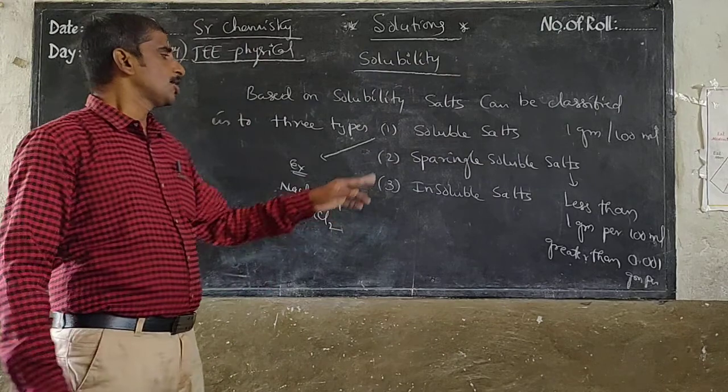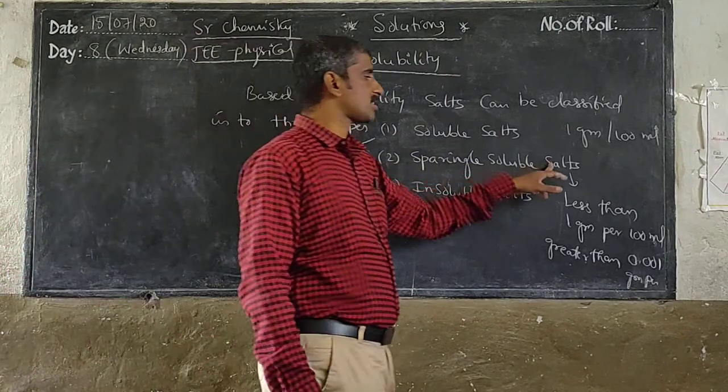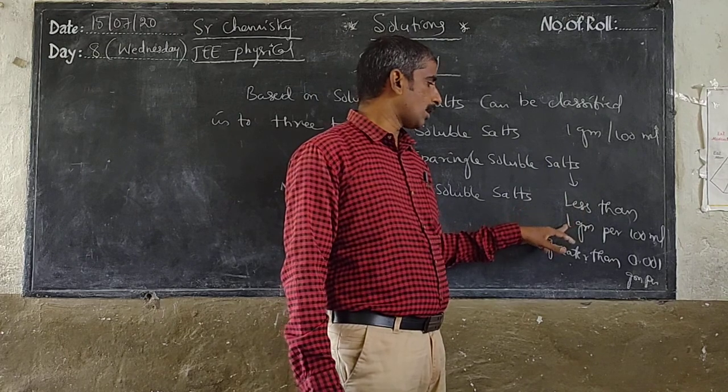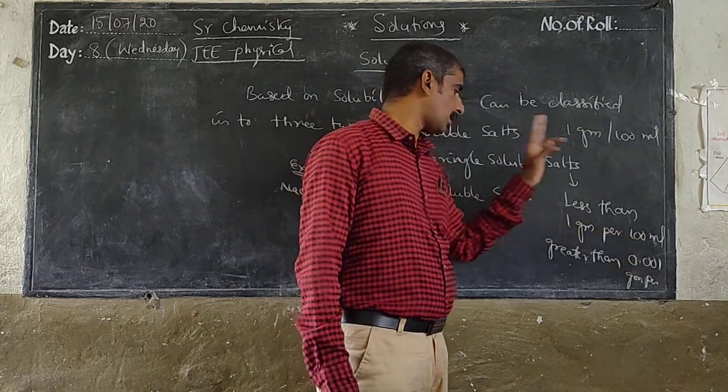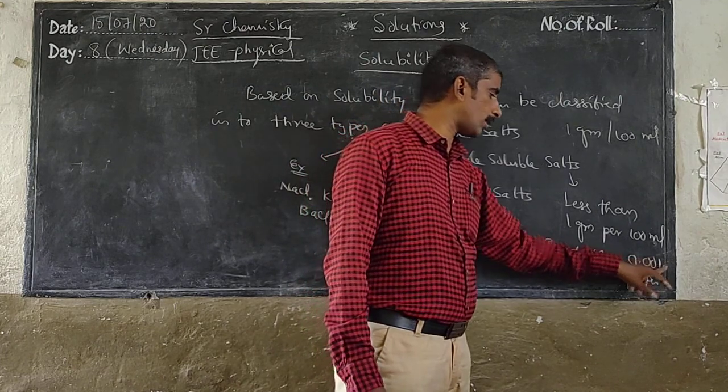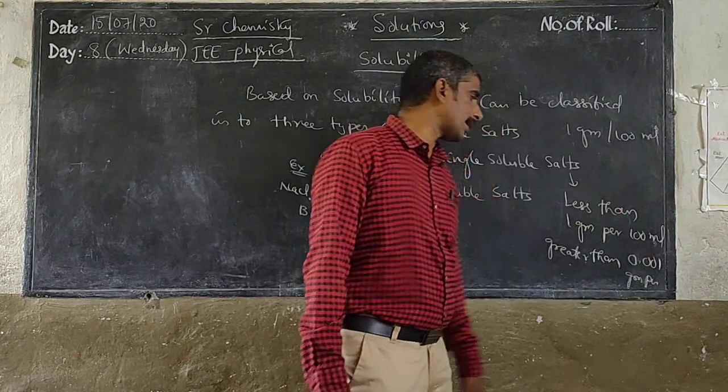Once again, sparingly soluble salts have solubility less than 1 gram per 100 ml or greater than 0.001 gram per 100 ml.